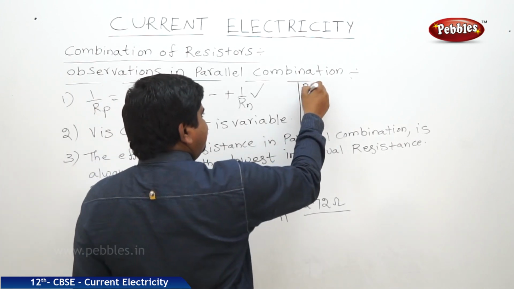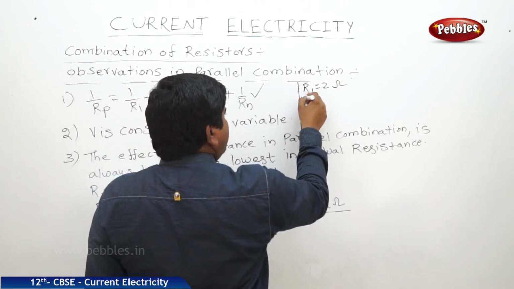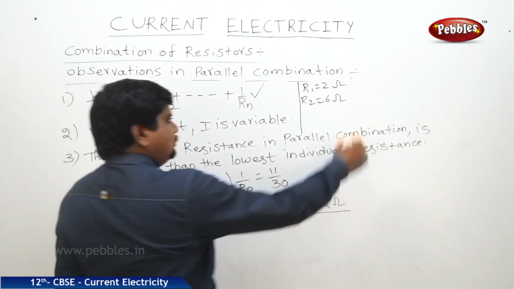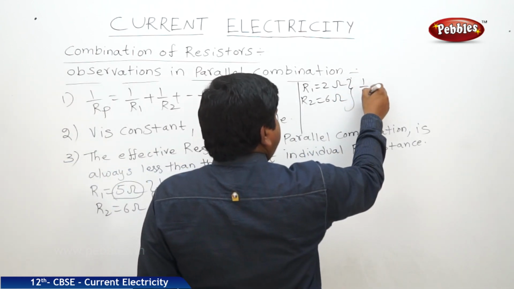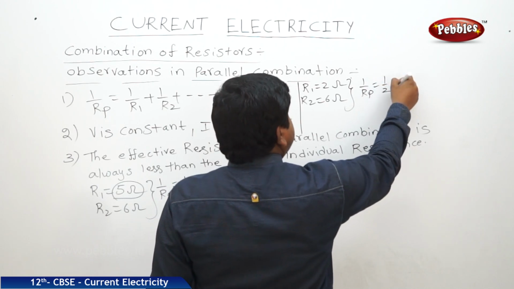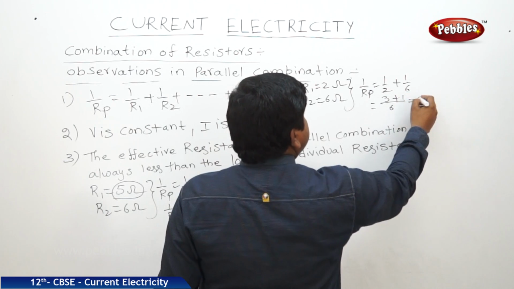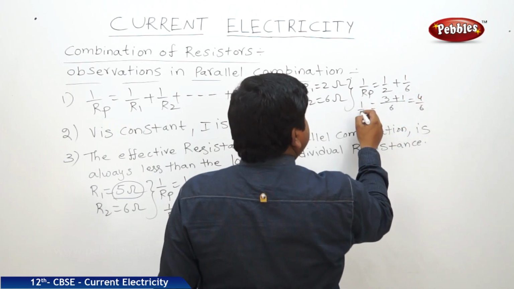I will take some R1 is equal to 2 ohms, R2 is equal to some 6 ohms. Again, 1 by Rp is equal to 1 by 2 plus 1 by 6. 6 is the LCM. 3 plus 1, nothing but 4 by 6 is 1 by Rp.